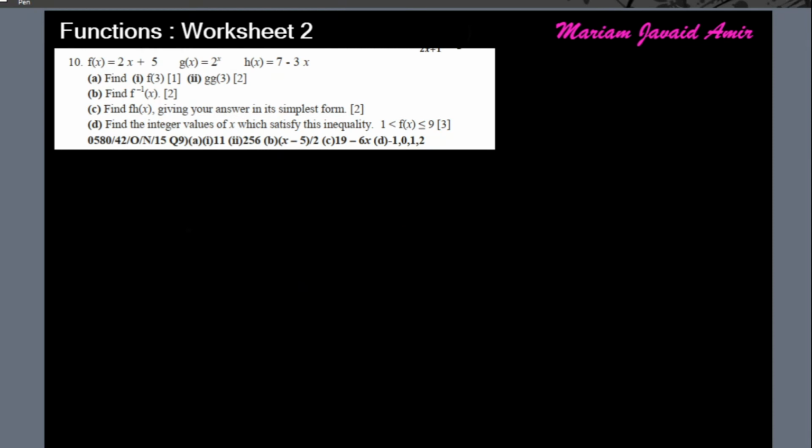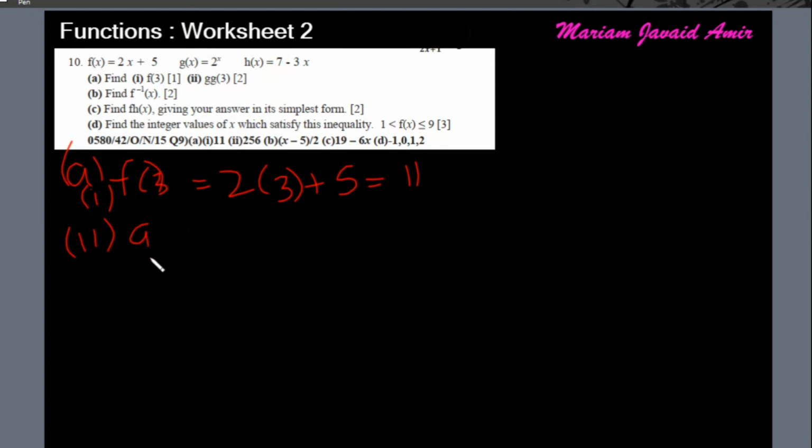Question number 10. Part A, find f(3), part A1. So simply in f(x), change x to 3 and we get 11. For part 2 we have to find g(3).